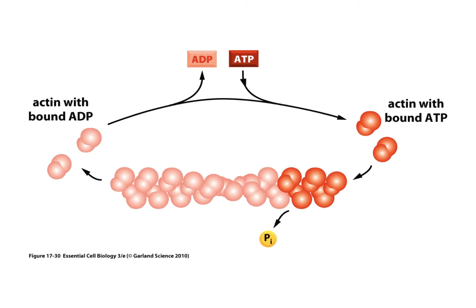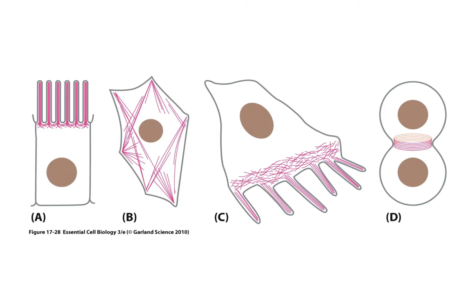And you can see here, it facilitates both assembly or polymerization and depolymerization or disassembly of the actin filaments. Here are just a few examples of how actin filaments cause cellular changes, that is, changes in the form of the cell.